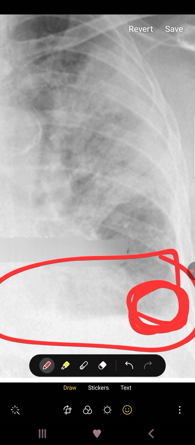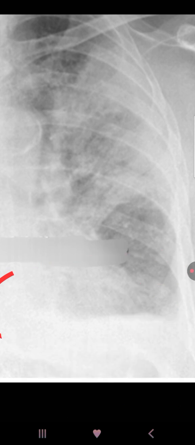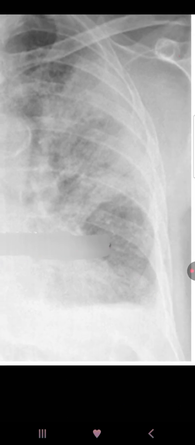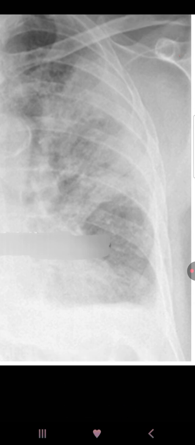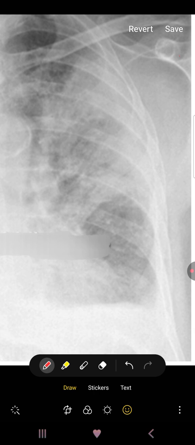You won't be able to appreciate these angles at all. Even in this picture the angles are not satisfactorily appreciable, but at least you can see this corner. Whenever pleural effusion is present on chest X-ray, you won't be able to view this corner at all. That is your pleural effusion.